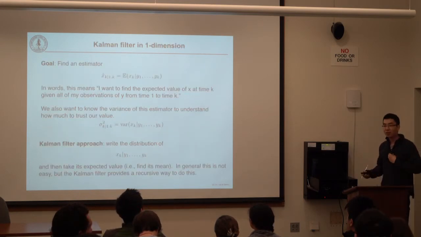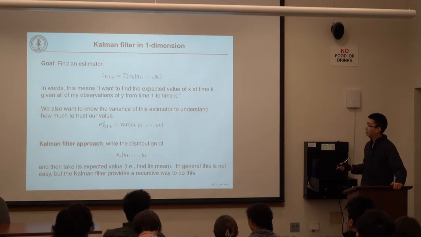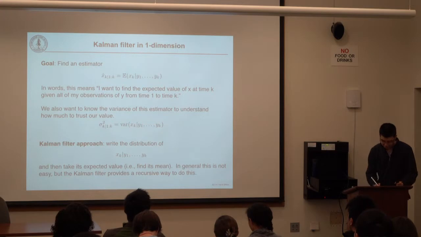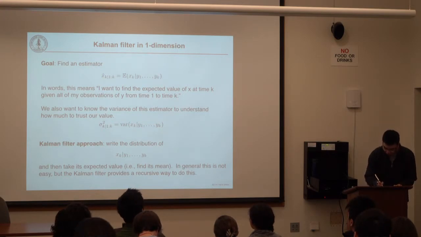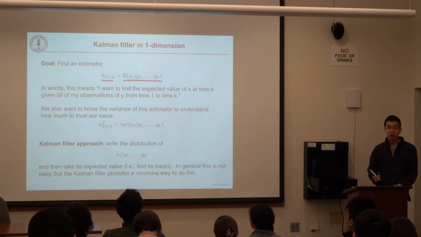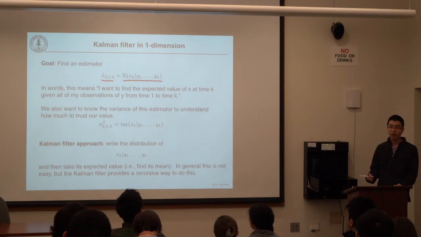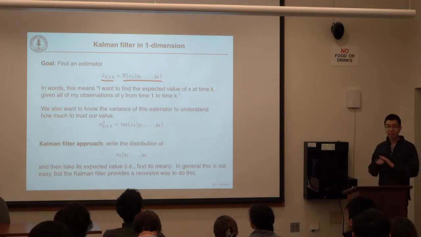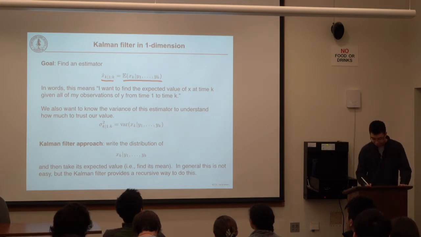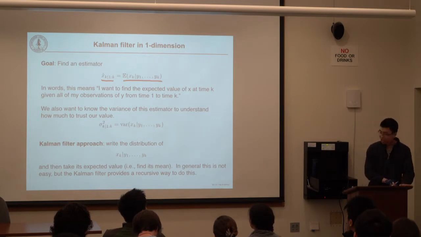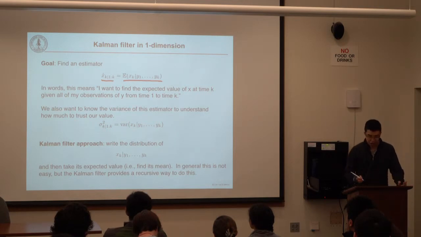So the setup for how we fit a Kalman filter is that we basically want to find an estimator. This estimator is given by this term x hat k given 1 to k is equal to the expected value of xk given all of my neural data from y1 to yk. Now, this is a complicated looking equation. And what it basically means is if in one dimension, let's just say this xk represents the x velocity of the cursor.